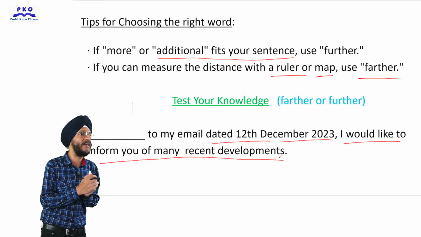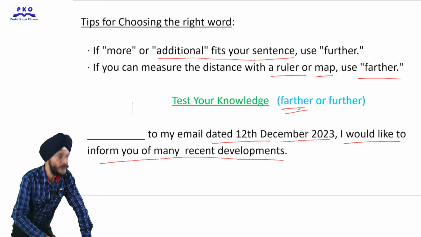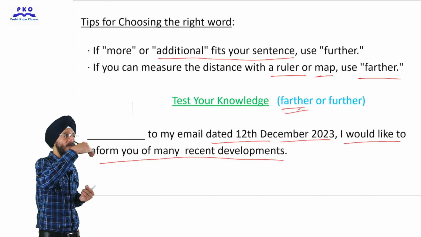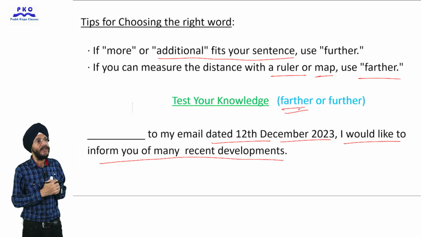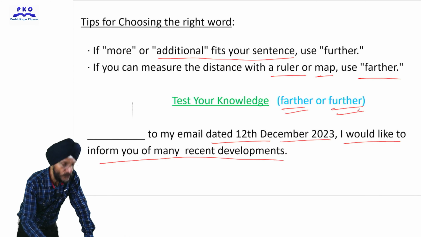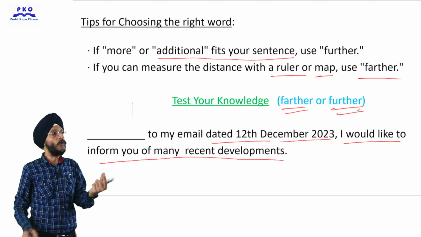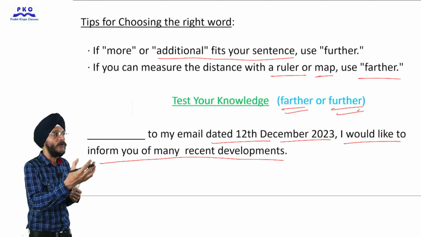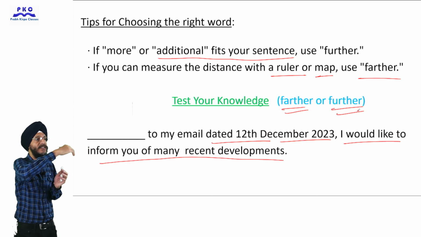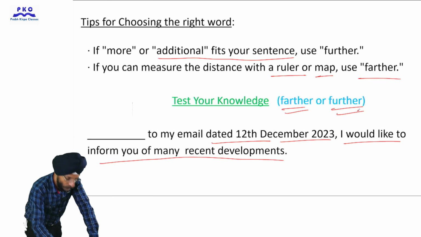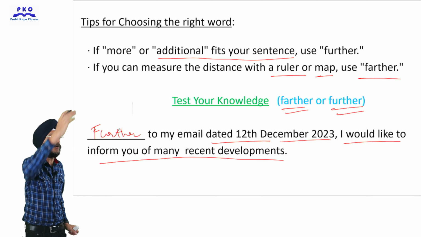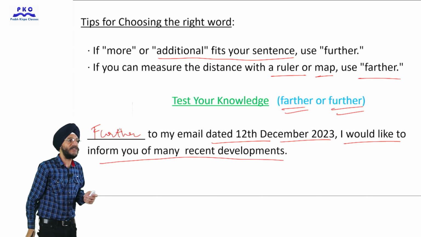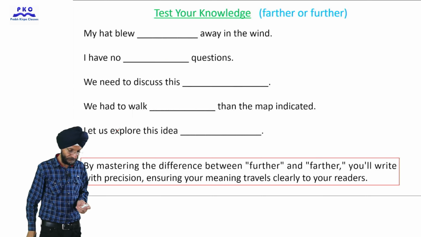As already told, farther is used when we are to talk about physical distance, and further is used to refer to additional, more, or to refer to earlier letters or emails. So here we will use further, because here we are referring to earlier communication, an earlier email or letter.